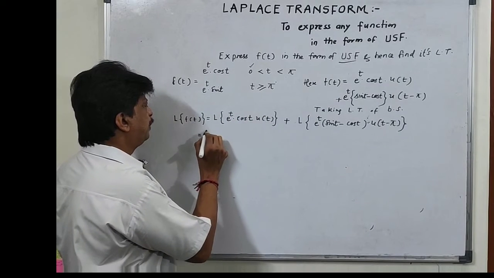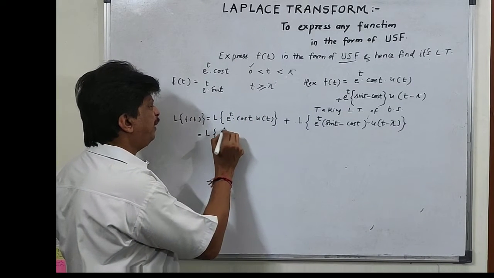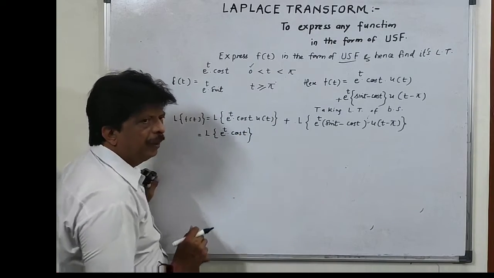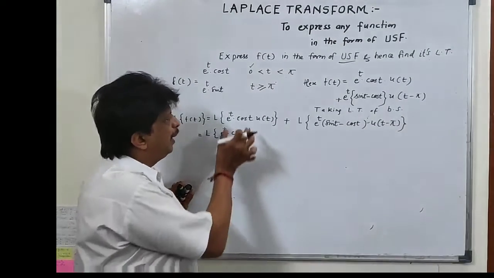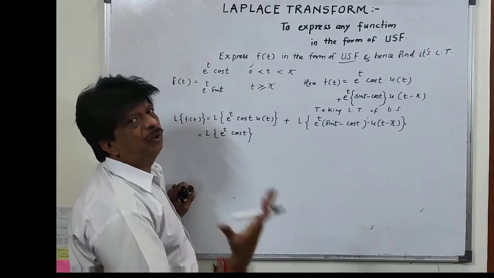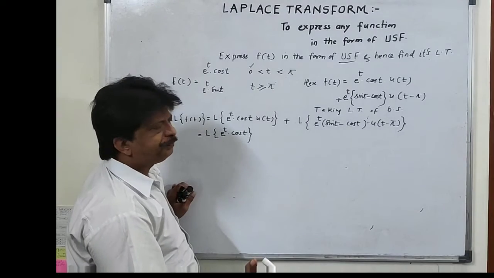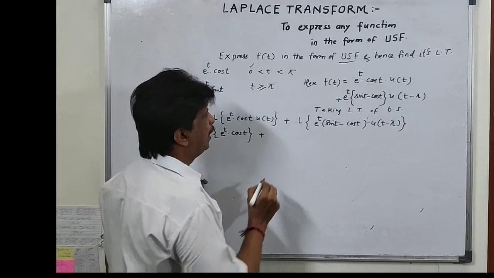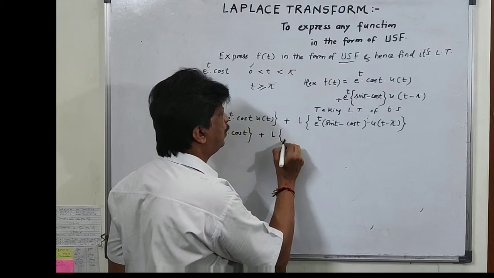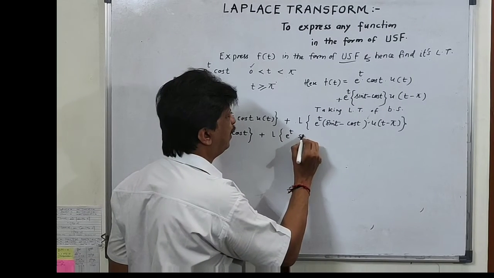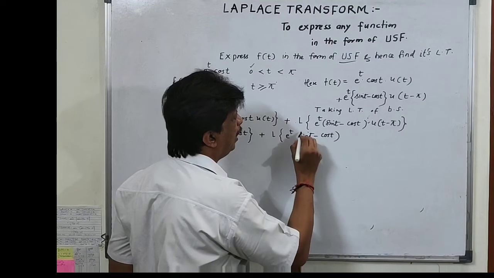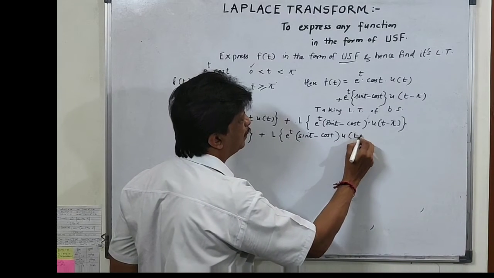Further equal to Laplace transform of e raised to power t cos t, f of t into u of t is equal to f of t, plus Laplace transform of e raised to power t sin t minus cos t into u of t minus pi.